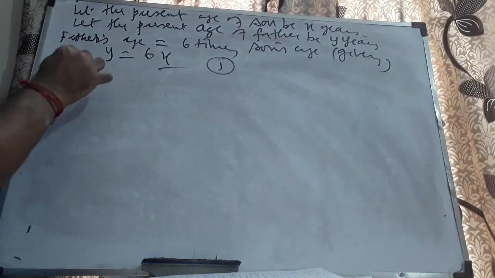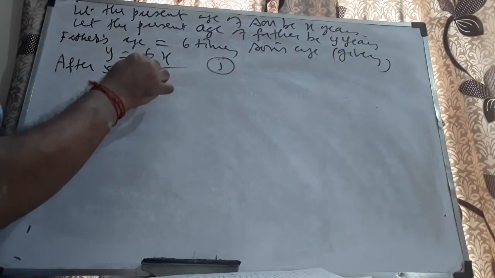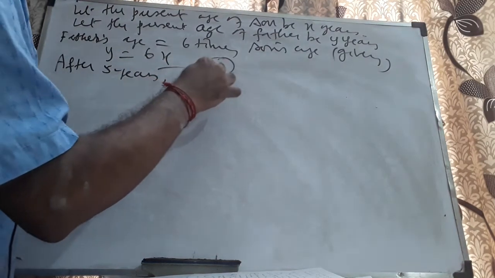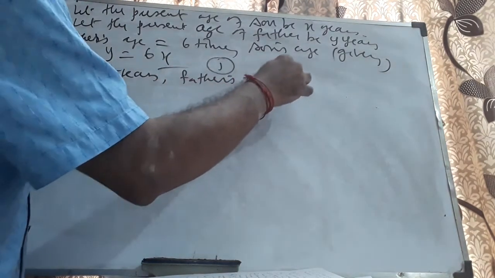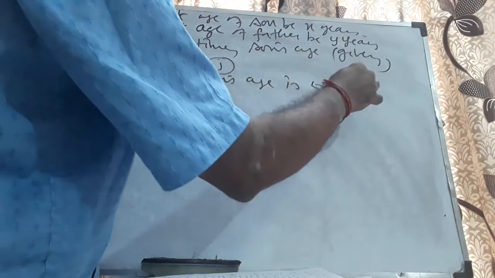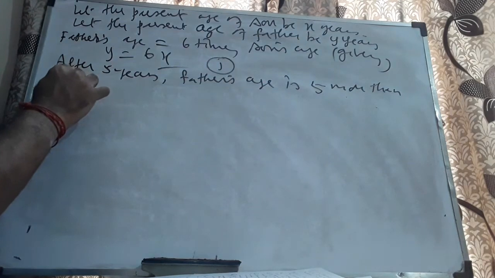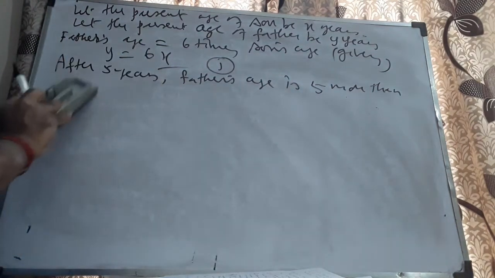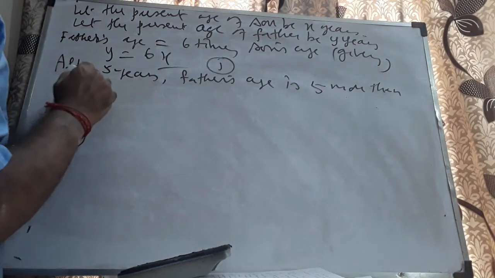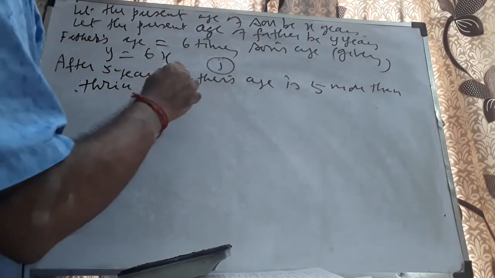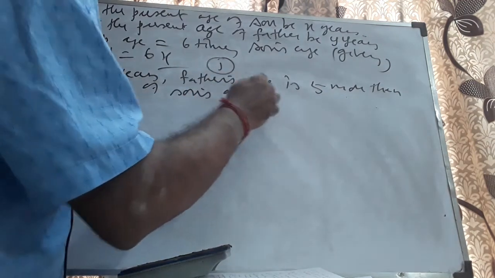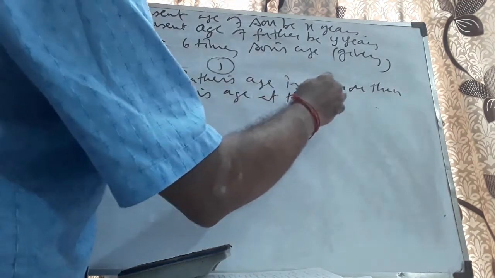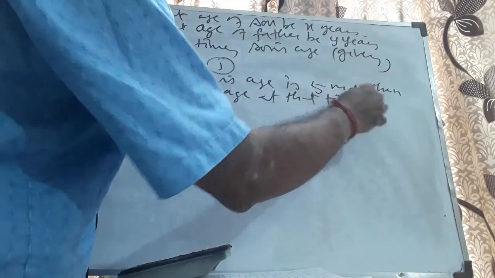Okay, after 5 years, father's age is 5 more than thrice of son's age at that time. This is given to you.